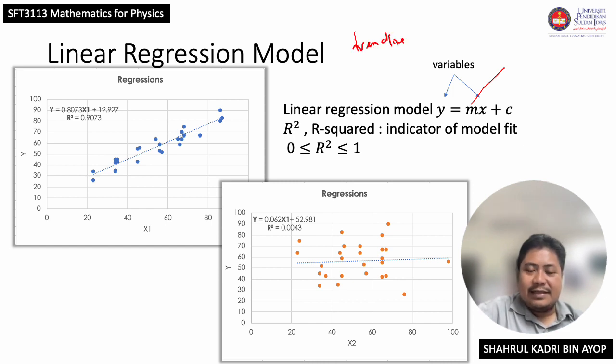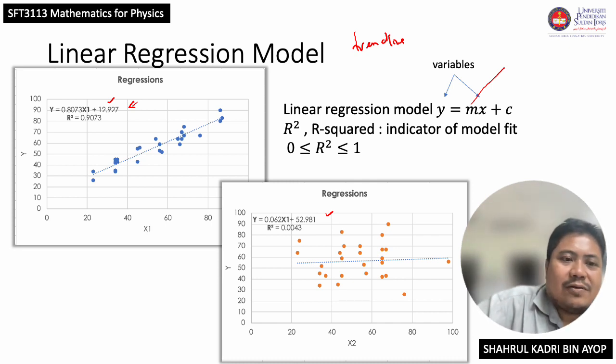You can activate this function in Microsoft Excel to calculate the best fit, where it can produce the linear equation, so y equals 0.8 something x plus some offset. And then for this graph we get another equation, another relationship.